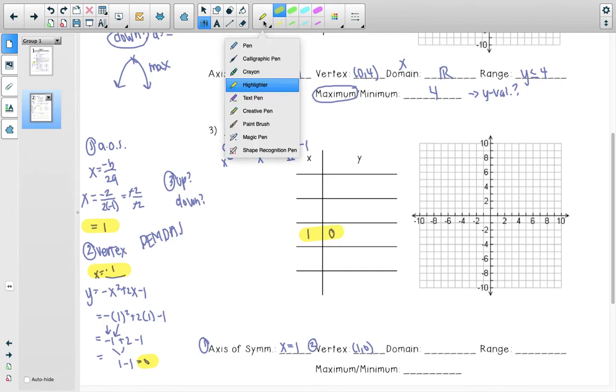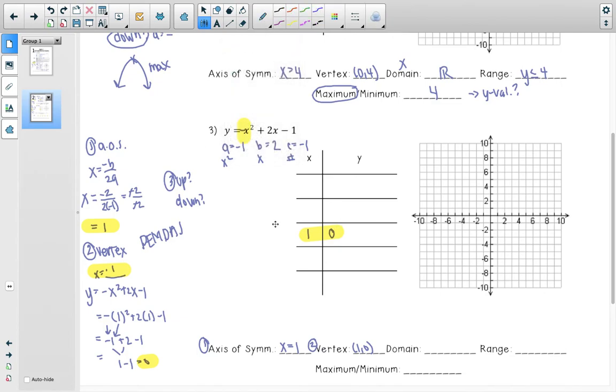Okay, and then the next question I'm going to ask you, is it opening up or down? And remember, if a is positive, it opens up, and if a is negative, it opens down. Well, a is a negative value, so it's going to go down. So that means as you go from these values, what should your y values be doing off this vertex? Well, as it goes left and right, your y values should be decreasing.